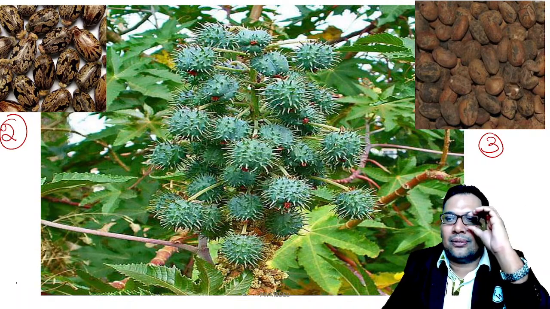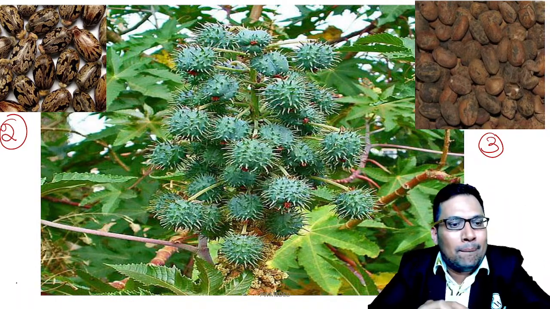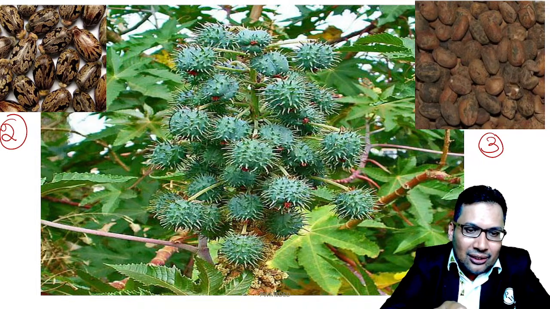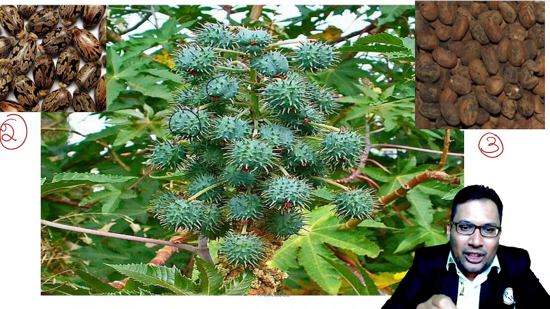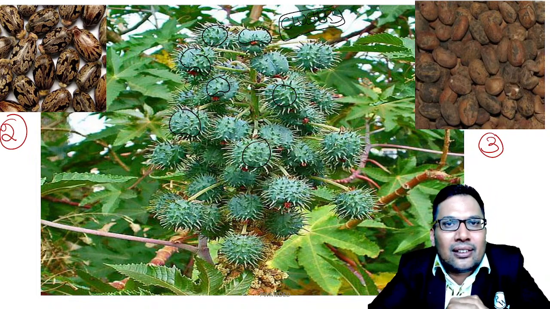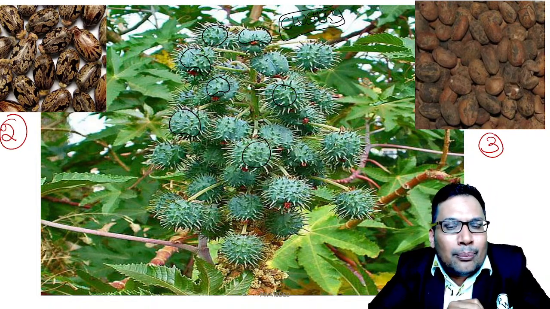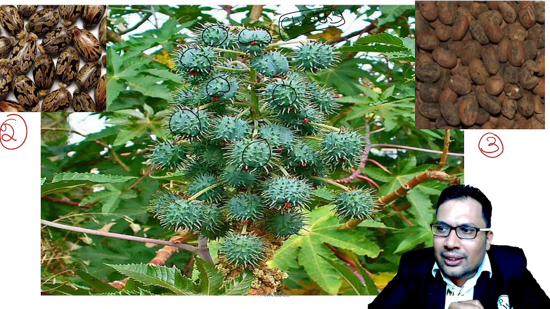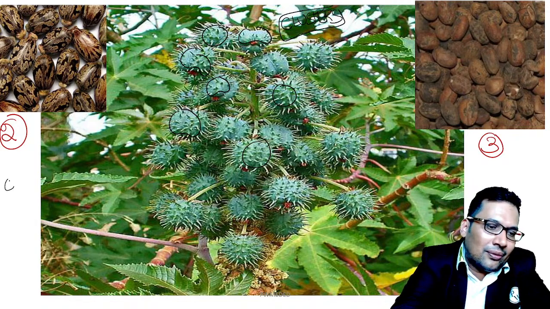Shiny seeds are there, and you can see the spiny projections here. Whenever such a question is given in the exam, note they are in clusters. Datura fruit occurs singly, but here they are in clusters. So what is this? This is castor.